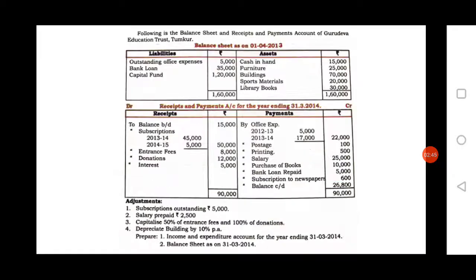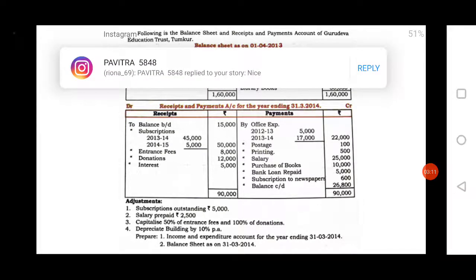Next, here in the payment side, the next item is purchase of books rupees 10,000. Books is an asset, therefore it comes in the balance sheet. Next, bank loan repaid. Bank loan is also a liability, it is not recurring, therefore it comes in the balance sheet. Next item, subscription to newspaper rupees 600.